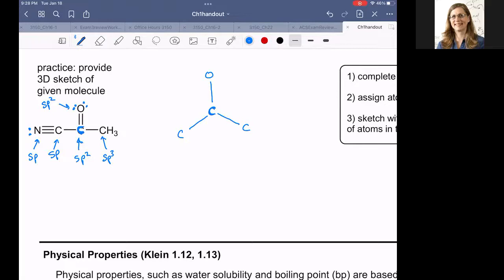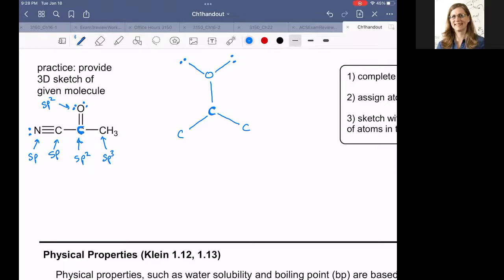Okay, what else does it have on it? It also has a pi bond. It has a double bond between the carbon and the oxygen. So we could draw the oxygen up here, which is also sp2 hybridized. And in this case, it's just the lone pairs that are arranged in a trigonal planar relationship. So to show their geometry, maybe we could just draw them as straight lines there.